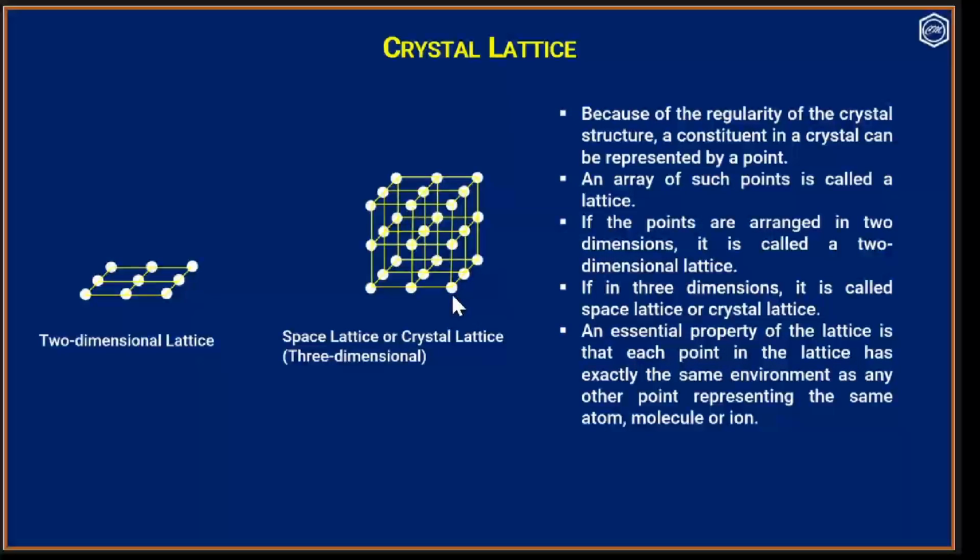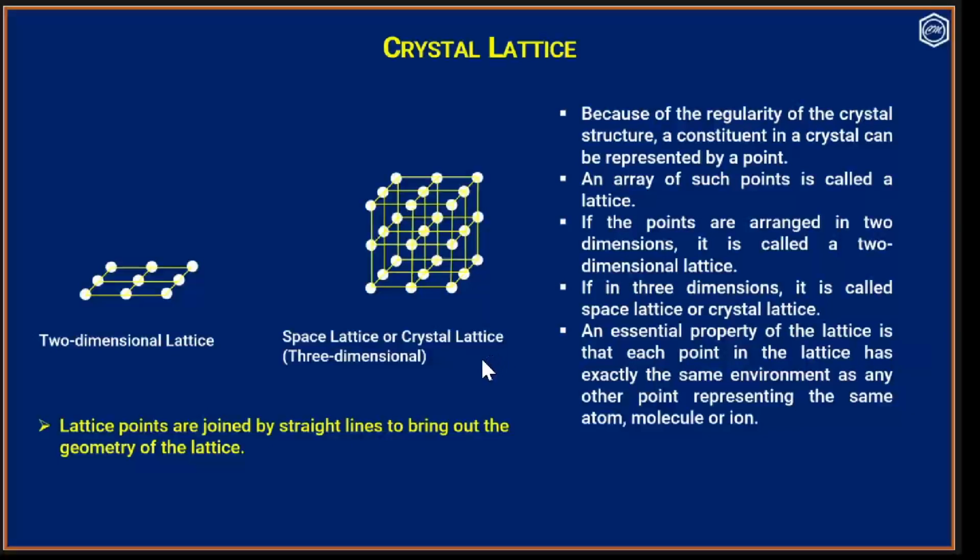So we may think that this point is at the corner of the crystal lattice and this one at the middle. But if you extend the crystal in these directions, this point will also be the same as the middle point; both these points will have the same environment.